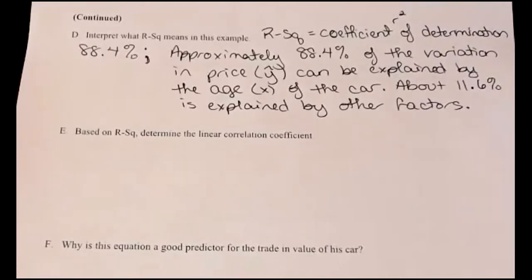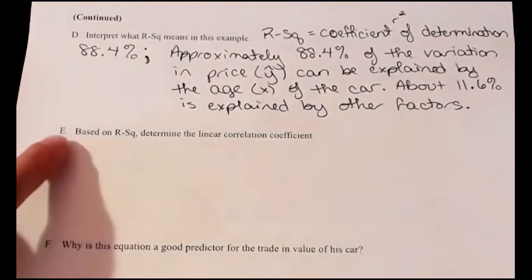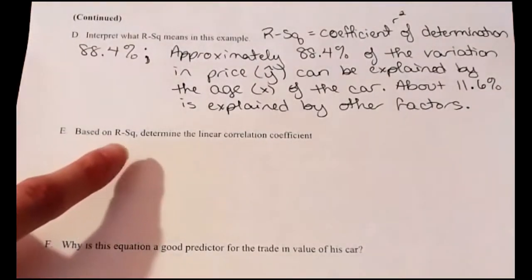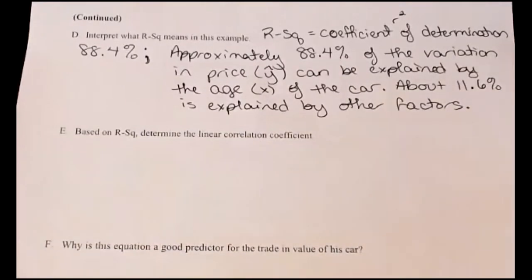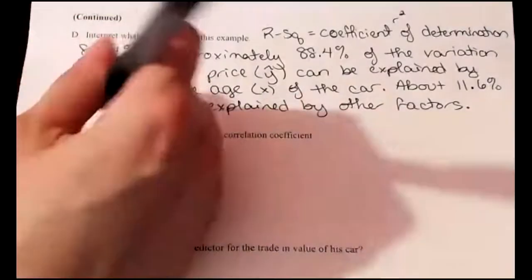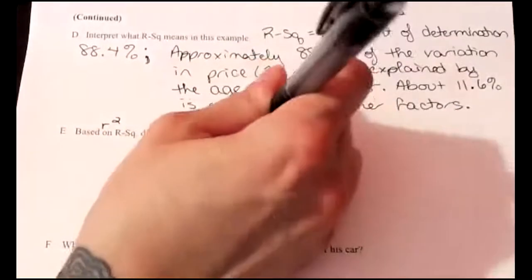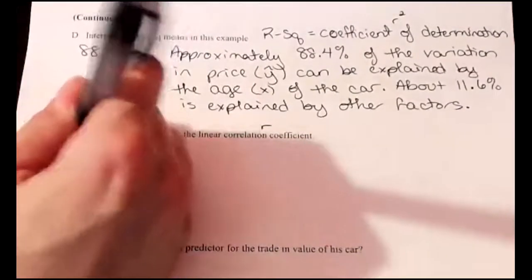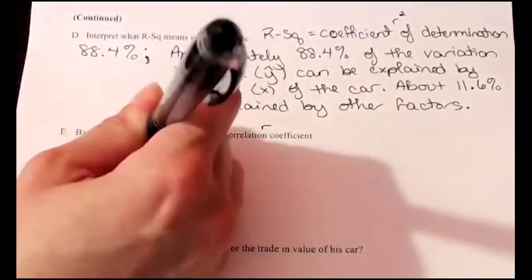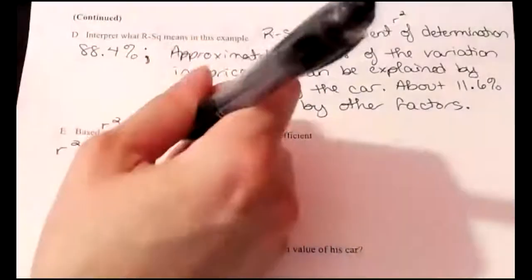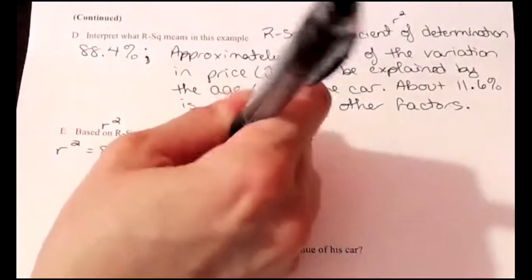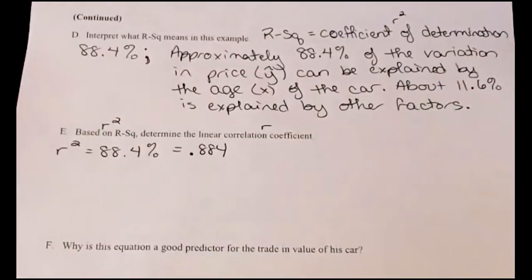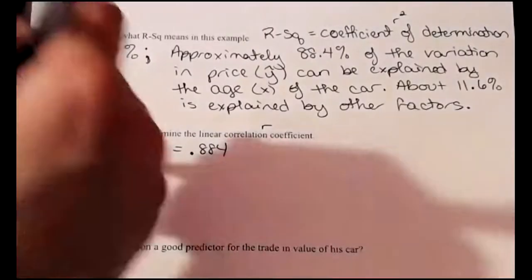It's a perfect time for you to ask that, because look at part E. Based on our R squared value, what is the linear correlation coefficient? Based on R squared, they want to know what is R. If your R squared is 88.4%, which is the same as 0.884, then to figure out what R is, we're going to square root it.